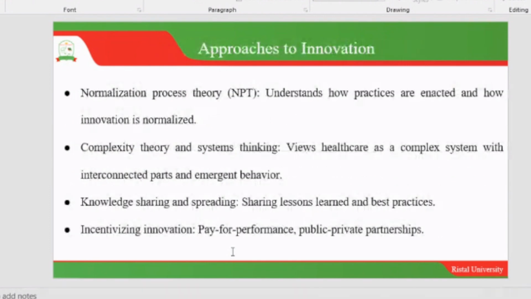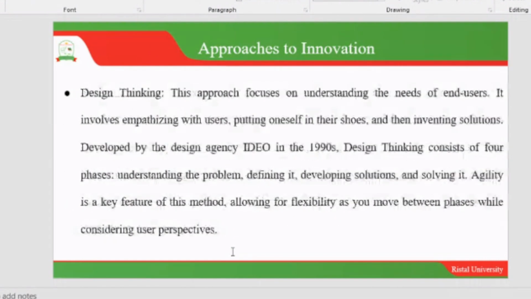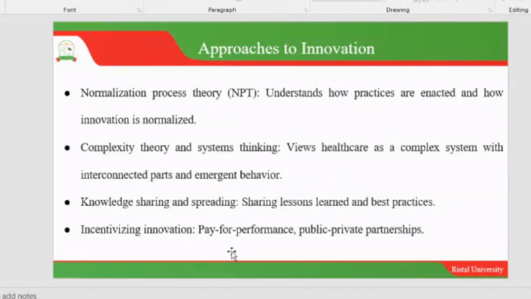So, approaches to innovation, or how innovation is done, include normalization process theory, in which we understand how practices are enacted and how innovation is normalized.